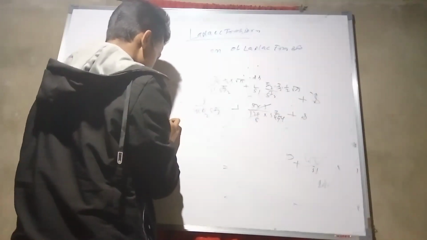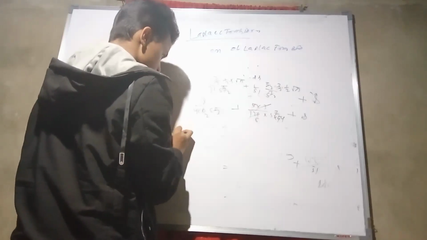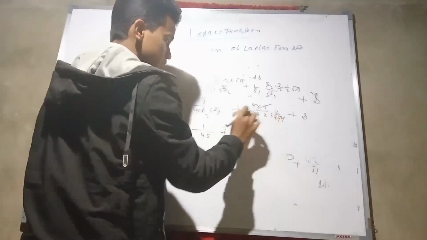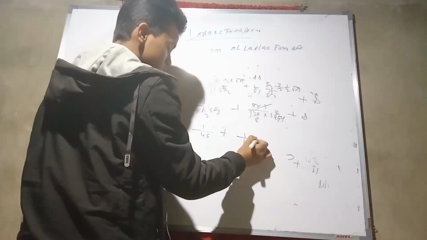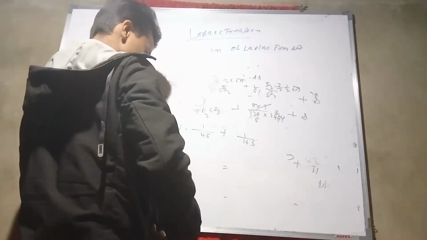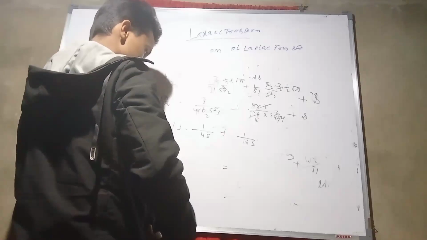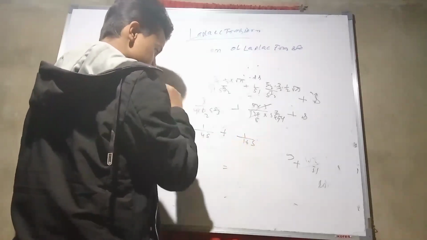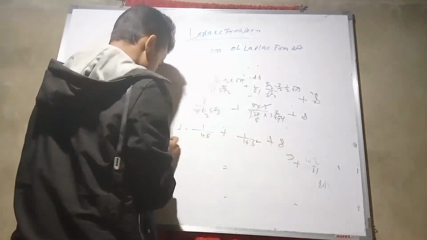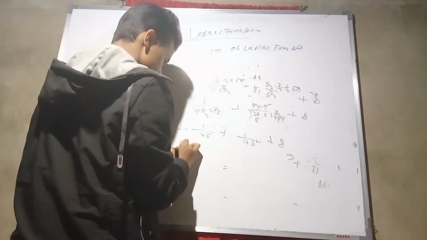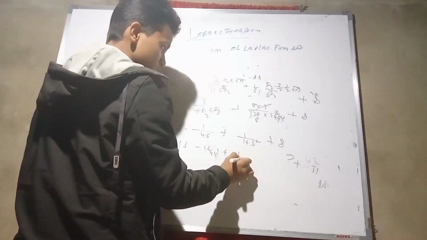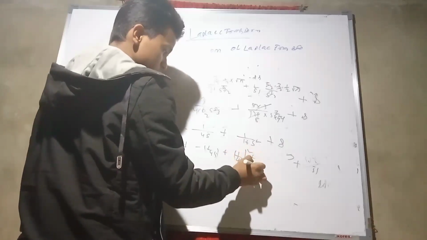If we take root pi by 2 s to the power 3 by 2 common, what remains is 1 minus 1 by 4s plus 1 by 32 s square, and so on. That gives us root pi upon 2 s to the power 3 by 2 times (1 minus 1 by 4s plus 1 by 32 s square, plus so on).